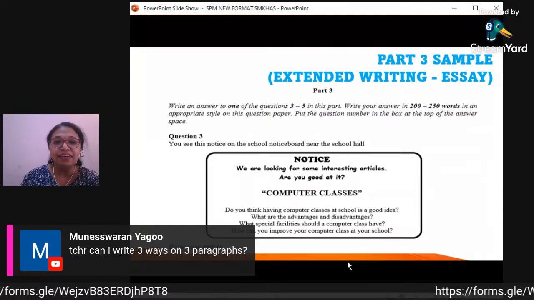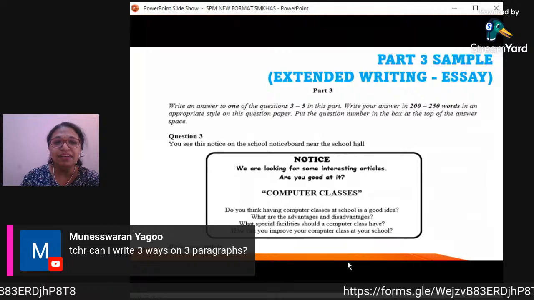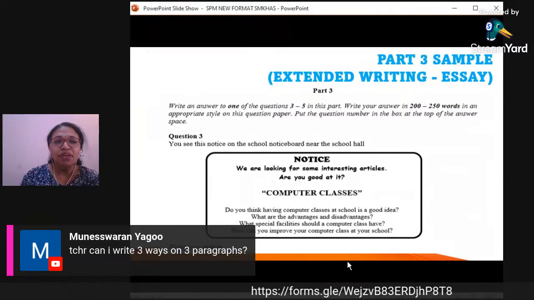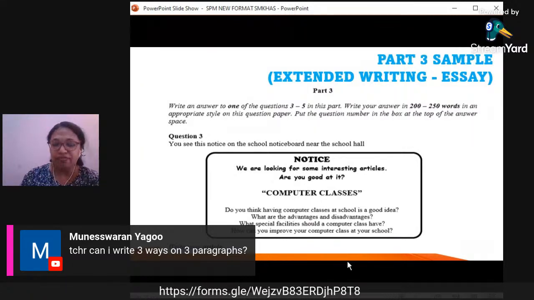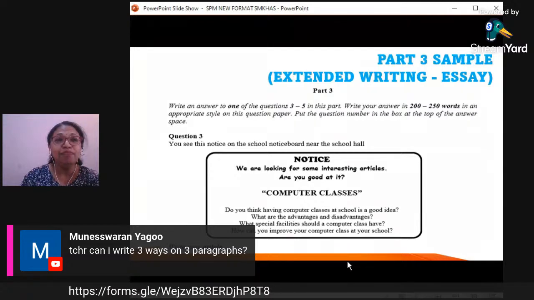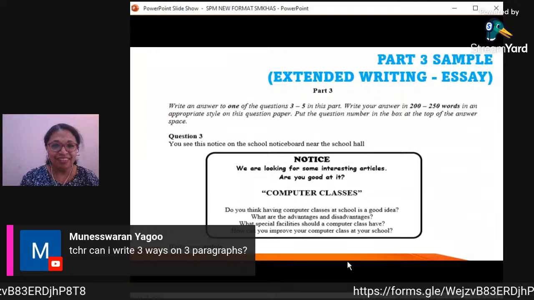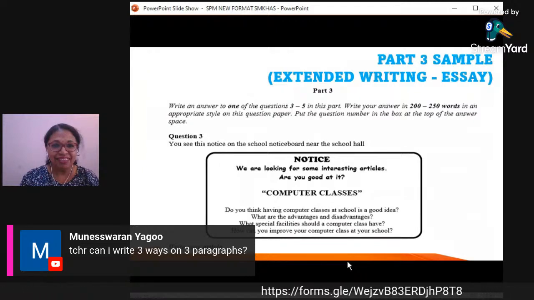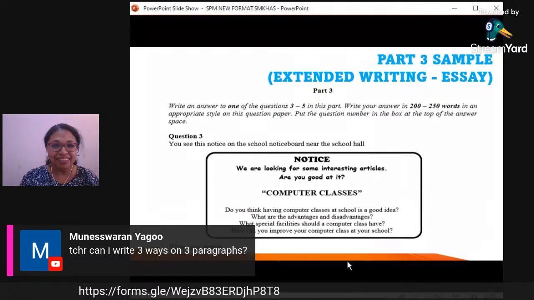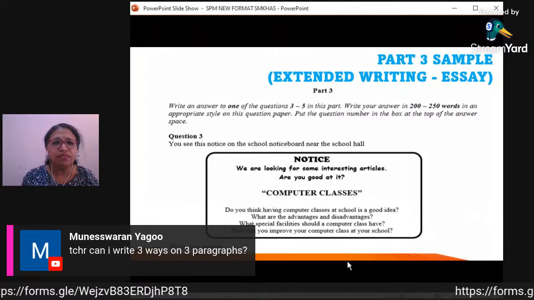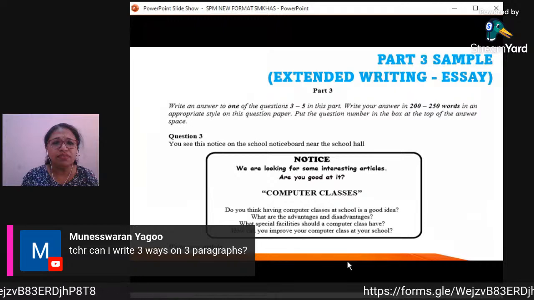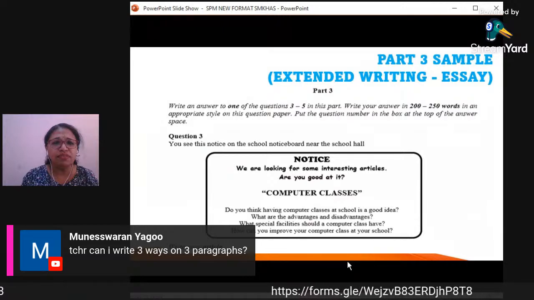So, as students, do you believe computer class will be an excellent idea in helping you academically? Question mark. Can you see that? So start with a hook question that will make the reader feel like, okay, this person is trying to say something. Pay attention. Understand? It's a skill, a style of writing when you want to write an article.